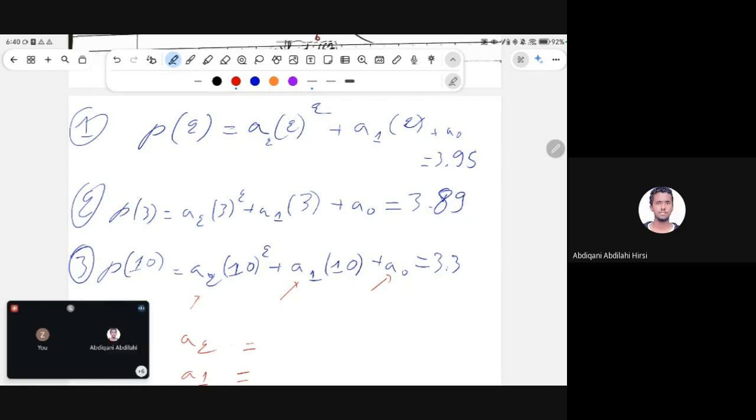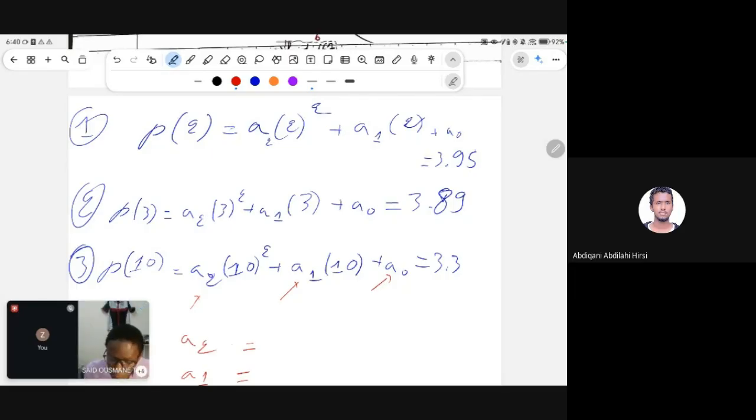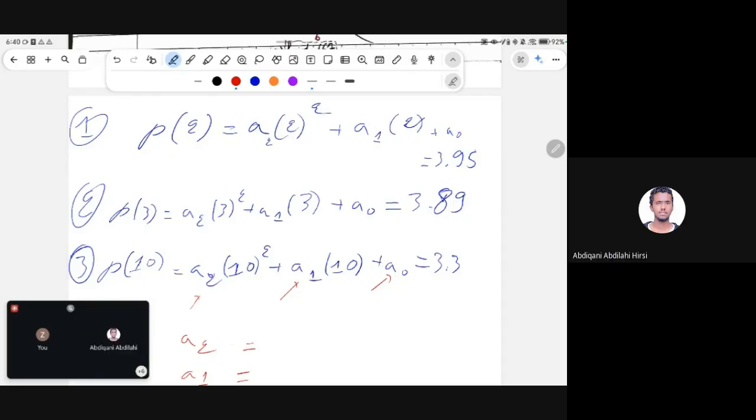My first row is 4, then 2, then 1, equal to 3.95. The second row is 9, 3, 1, equal to 3.89. And the third row is 64, 8, 1, equal to 3.41.